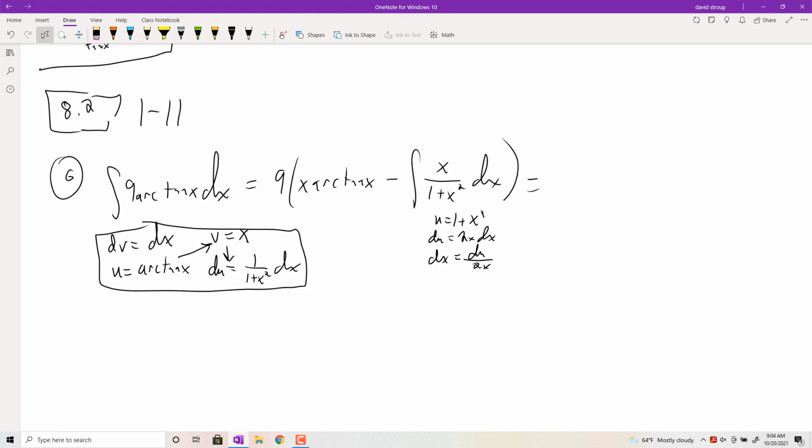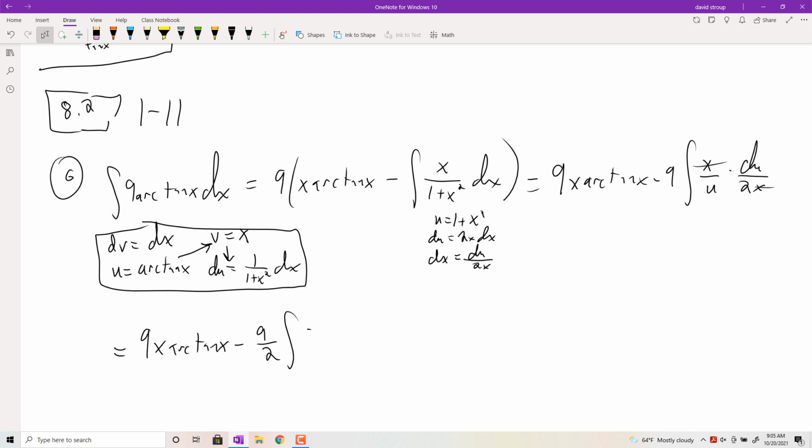Okay, so this integral will become, let me distribute the 9. 9x arc tan x minus 9, this integral of x over u times dx, which is now du over 2x. That'll become 9x arc tan x minus, you can factor out a 2, get 9 halves, the x's cancel, and you just have the integral of du over u.